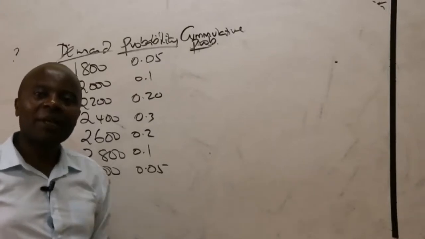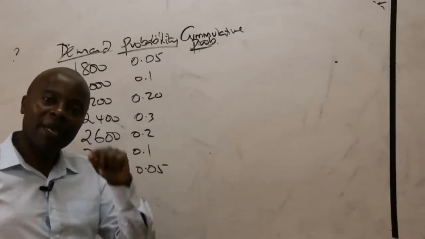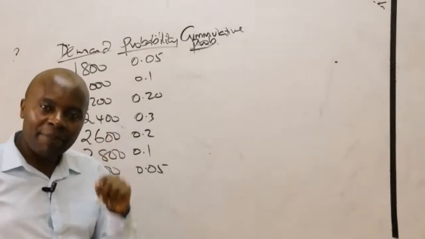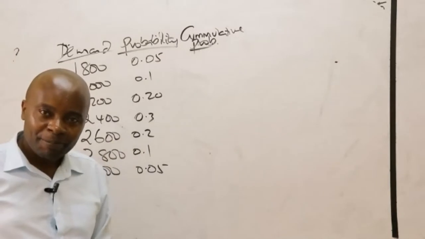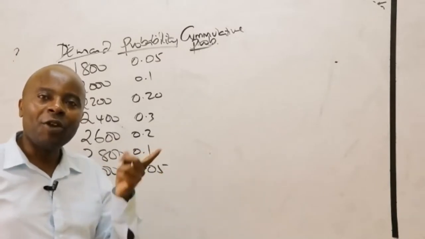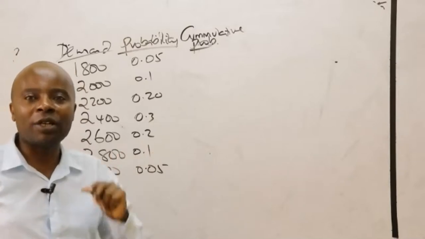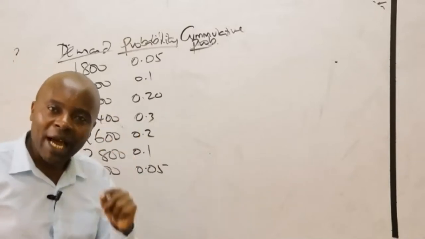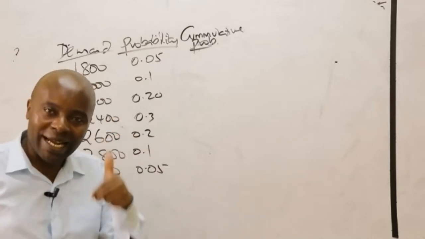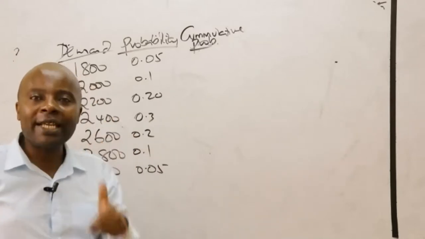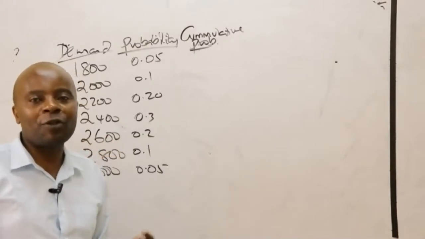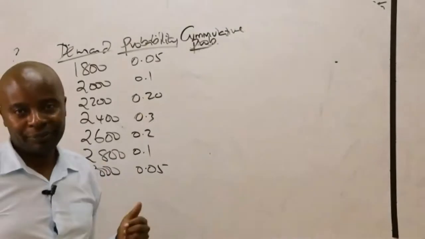Ladies and gentlemen, remember that this is a perishable item, meaning that we cannot treat these cumulative probabilities normally, not unless you want to get it wrong. For perishable items, remember what your teachers told you in classes: we normally start accumulating from down and then we move up.